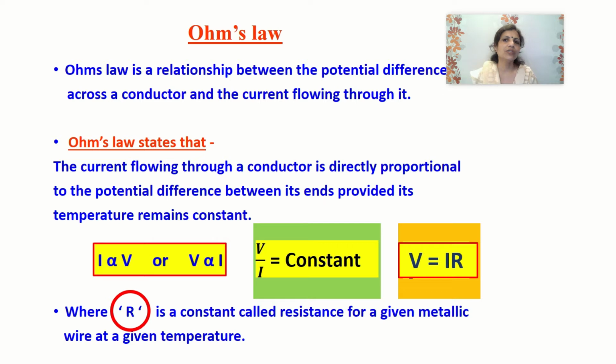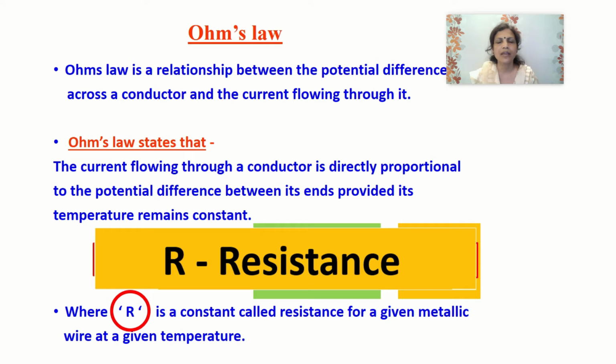Dear children, in today's video lesson, we are going to discuss what this resistance of a circuit is and on which factors this resistance depends. Basically, resistance is opposition to the flow of electric current.